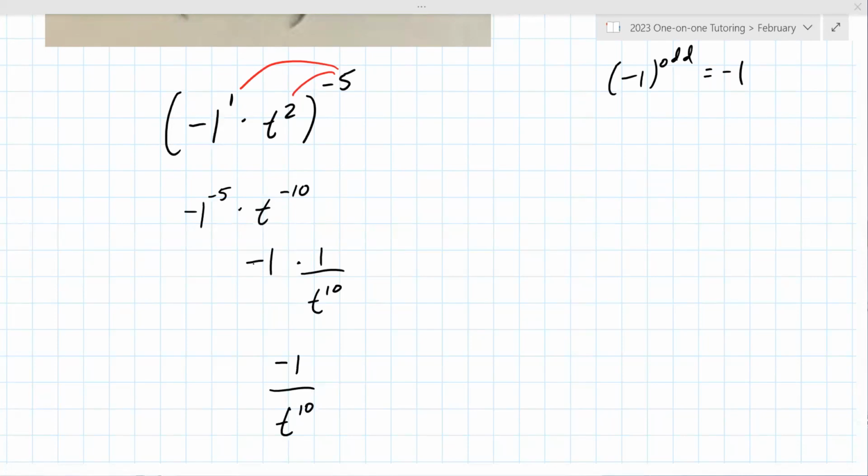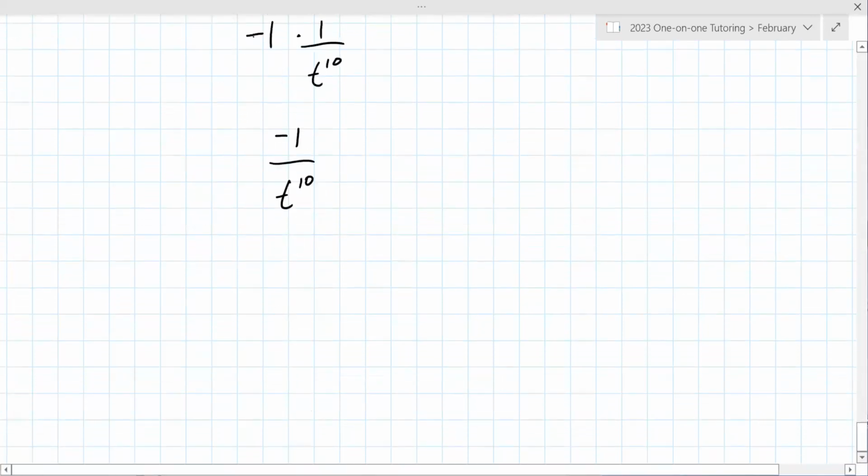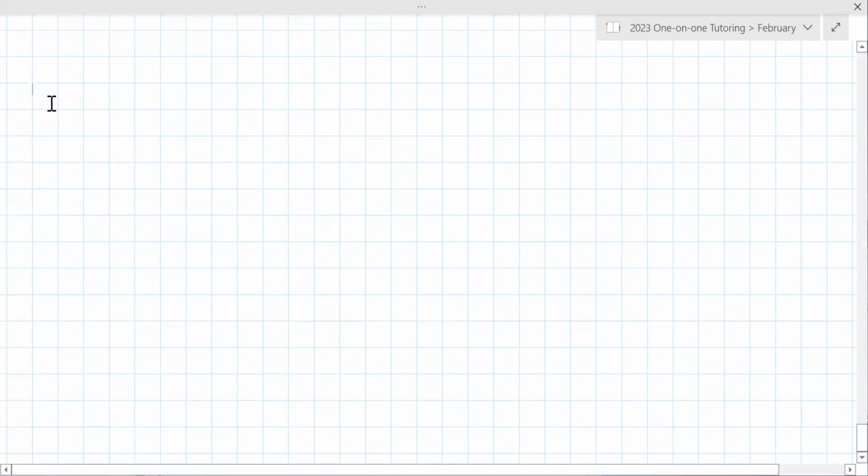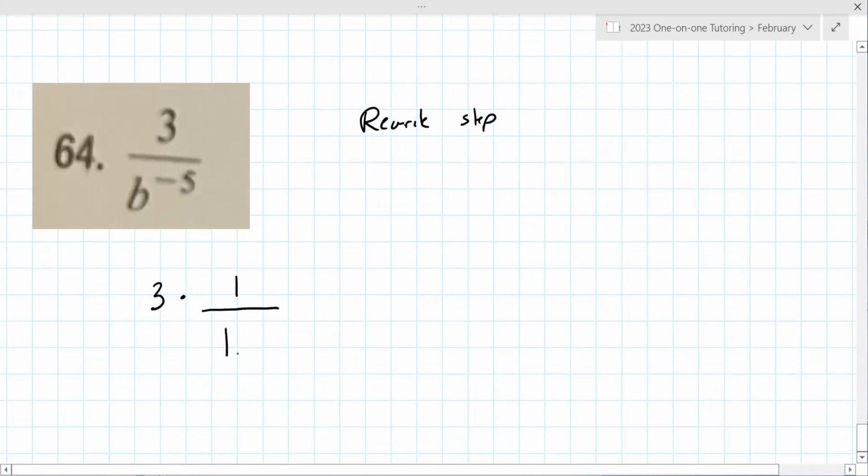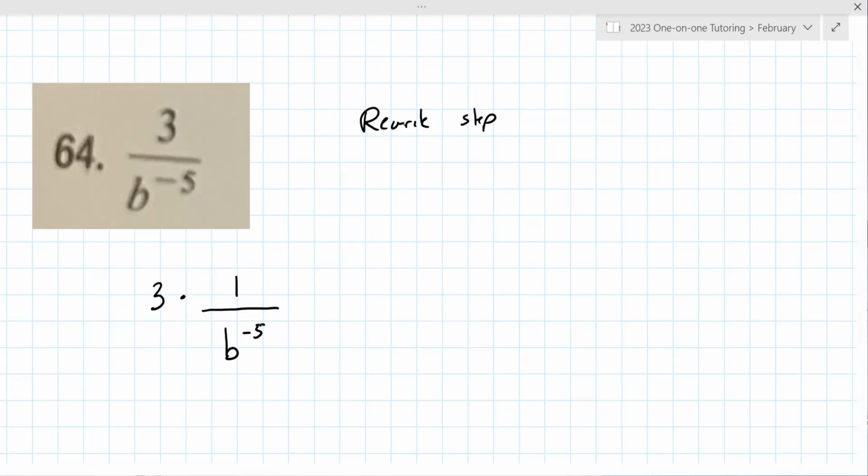Okay. All right. So let's go to 64. 64 has a rewrite step in it. I'm going to rewrite it as 3 times 1 over b to the -5 power. So it's basically me undoing what I just said. I said don't leave it this way, but we're going to do something to it.